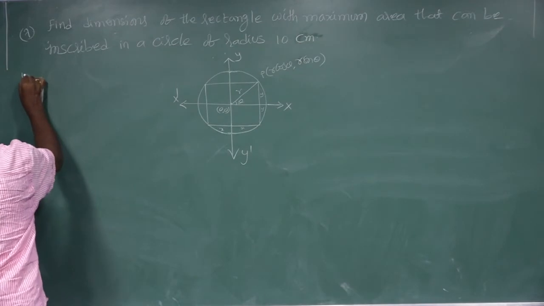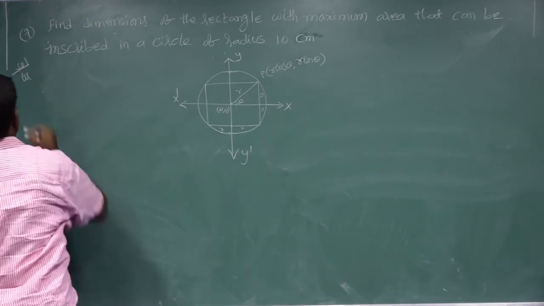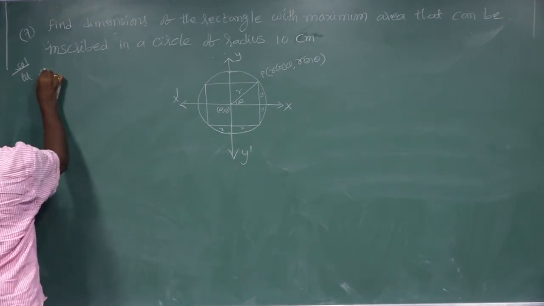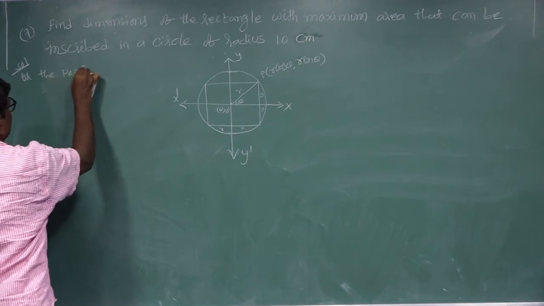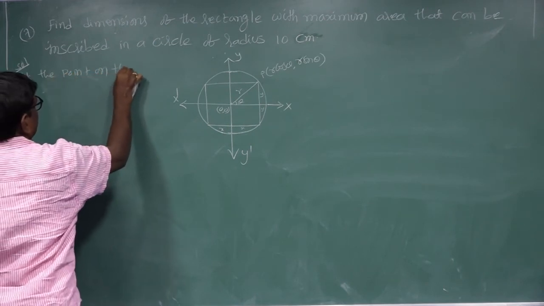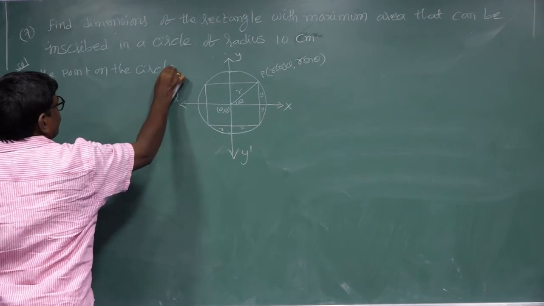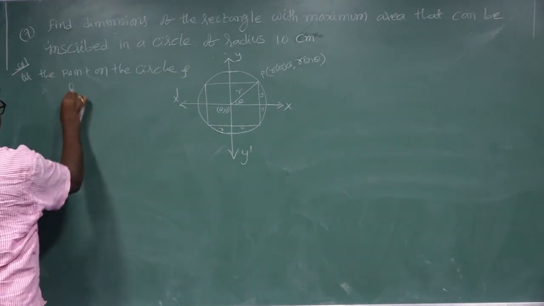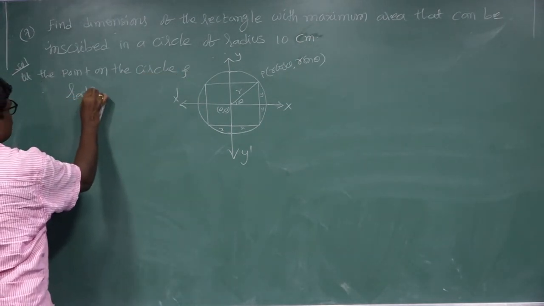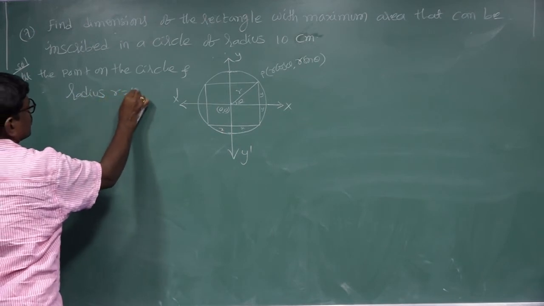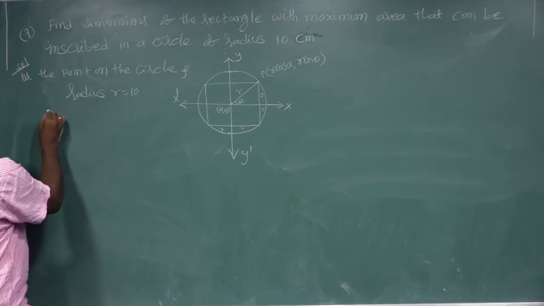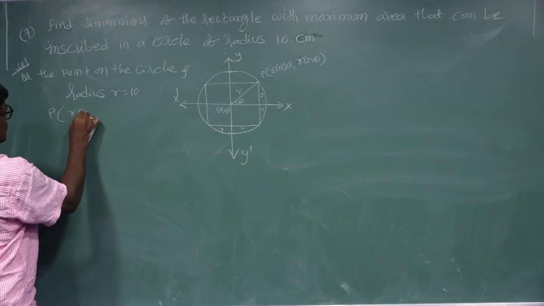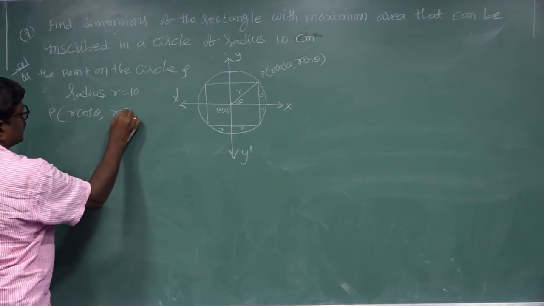Let the point on the circle and radius r be equal to 10. The point P is (r cos theta, r sin theta).